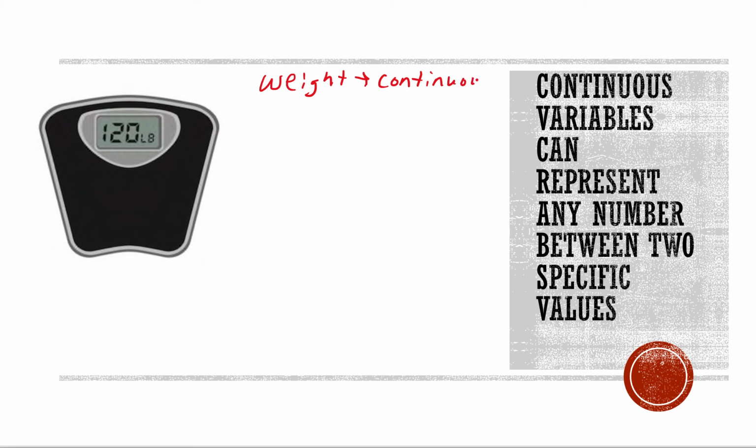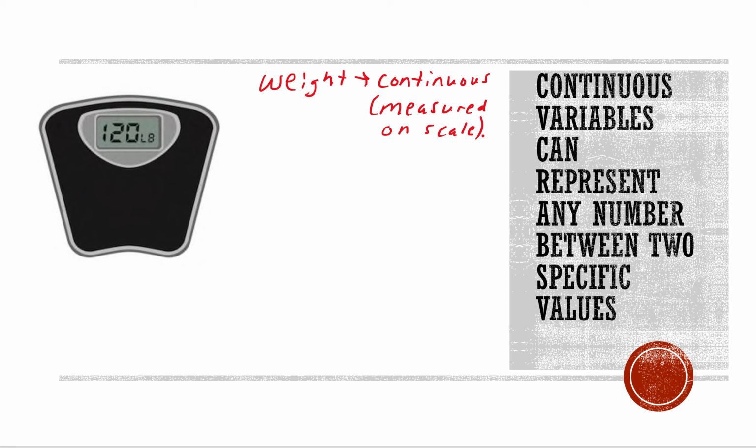And you told me that it was continuous because we measured it on a scale. On the slide you have a picture of a scale, and notice that it is a digital scale, and it gives a weight as a whole number. There are no decimals on that scale.